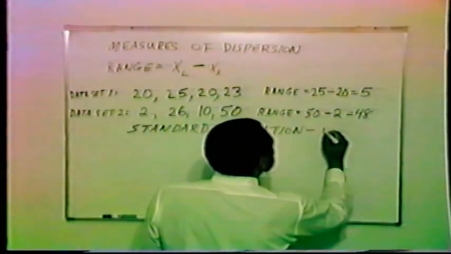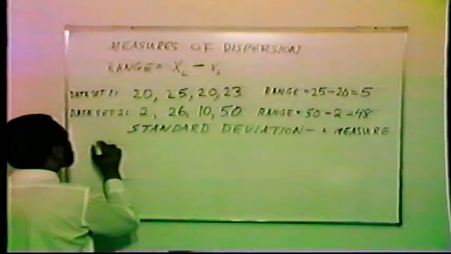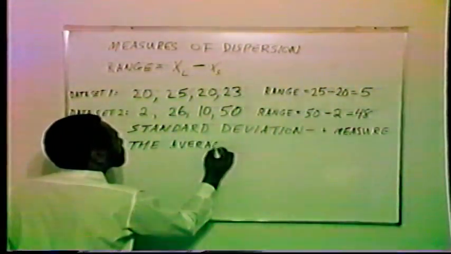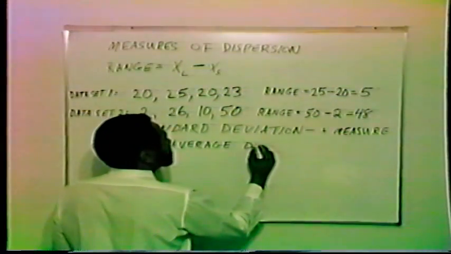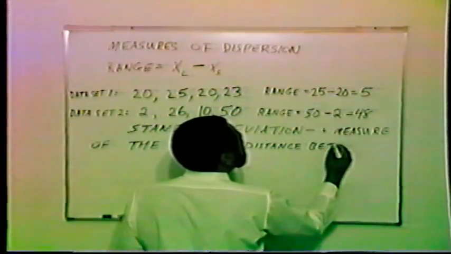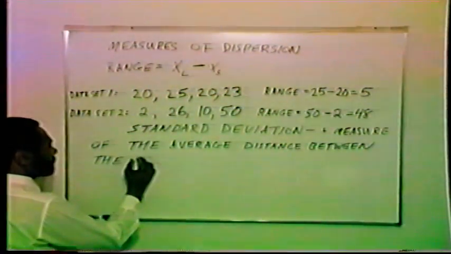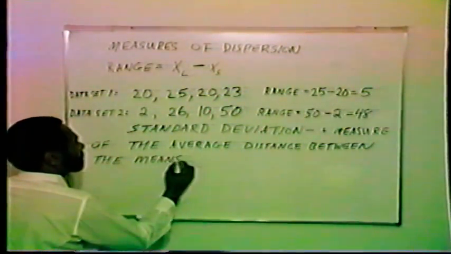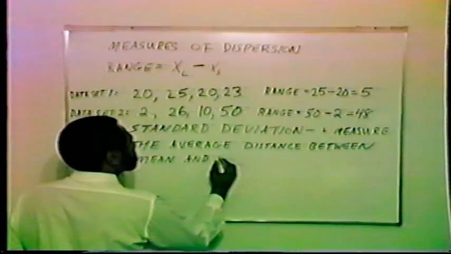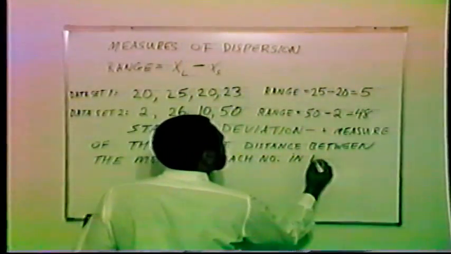Once again, the standard deviation is a measure of the average distance between the mean, and we're talking about the arithmetic mean here, and each number or score in a data set.